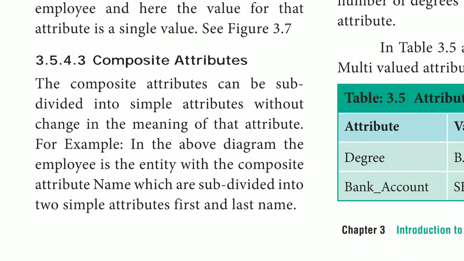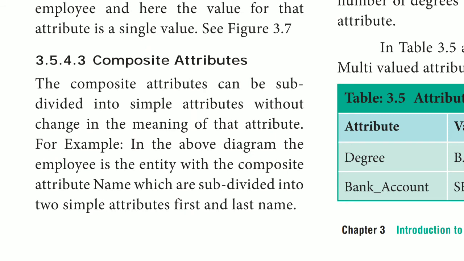So the composite attributes can be subdivided into simple attributes without changing the meaning of the attribute. For example, in the above diagram, the employee is the entity with the composite attribute name, which is subdivided into two simple attributes, first name and last name. So here composite means combining two or more simple attributes, forming a single attribute.